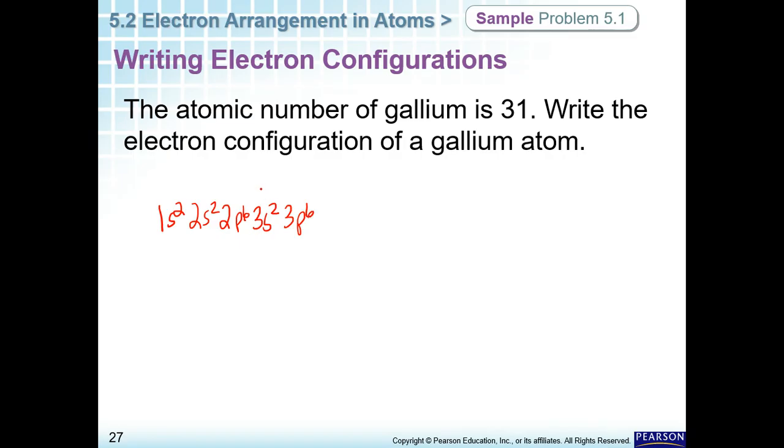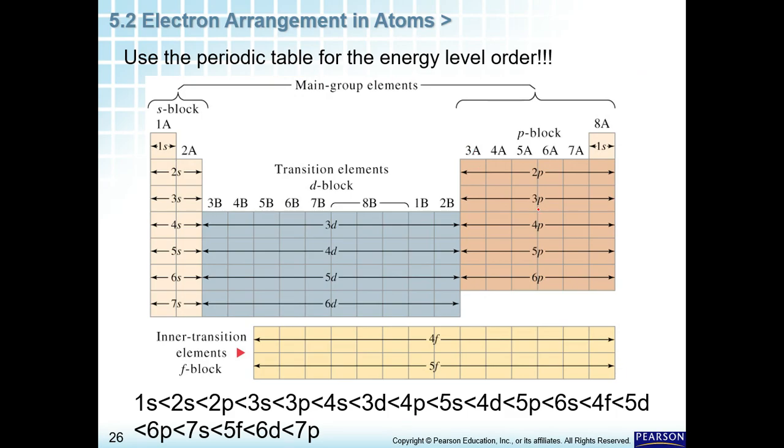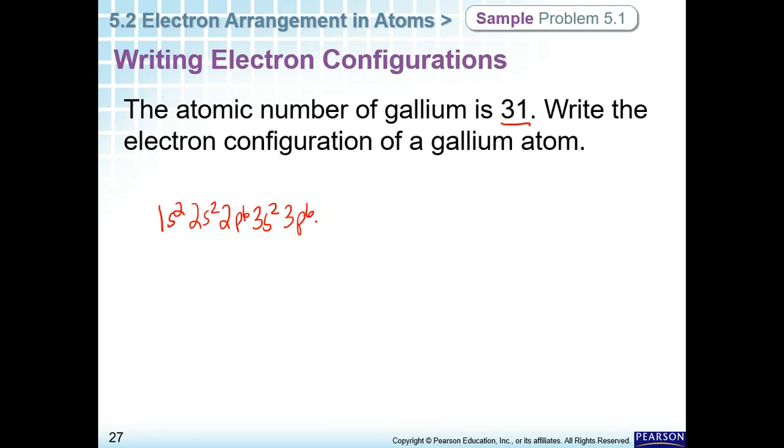I'm going to count my electrons to make sure that I don't go over 31. So 2 plus 2 is 4, plus 6 gives me 10, 12, and then 18. So I've only used 18, and I need to keep going. After 3p, I'm going to start at my next row, which is 4s and then 3d. 4s can hold 2 electrons, because s's will always be a max of 2.